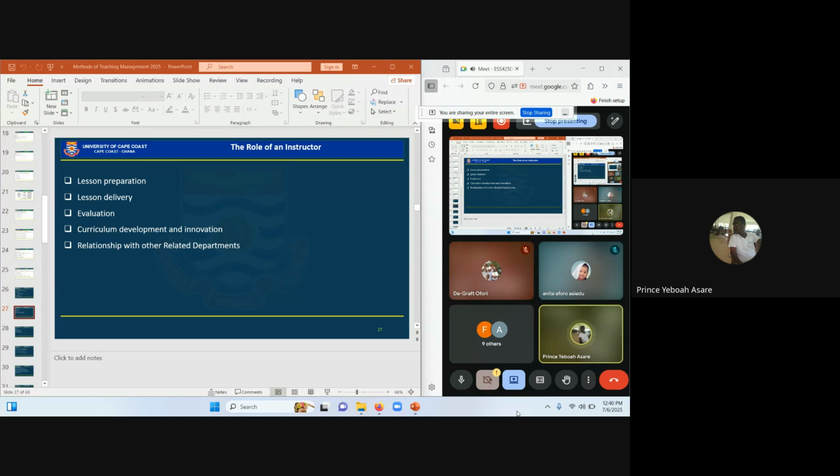This is what we call curriculum innovation, where you make some kind of minor changes, minor adjustments in view of your learners, not adjustment because it is nice to adjust, but you are looking at your learners as to what must be done in order to help them to understand the lesson.